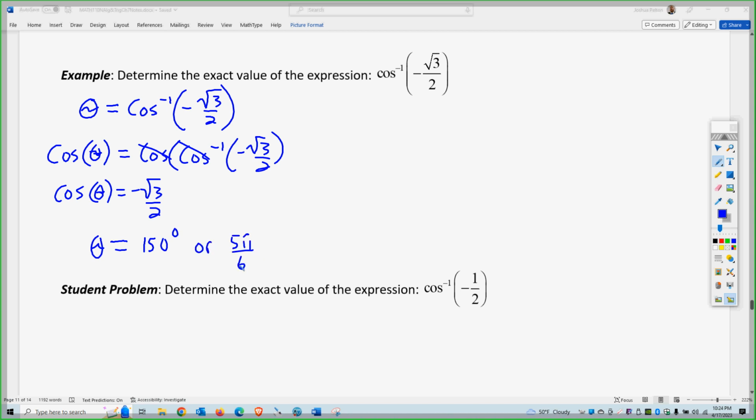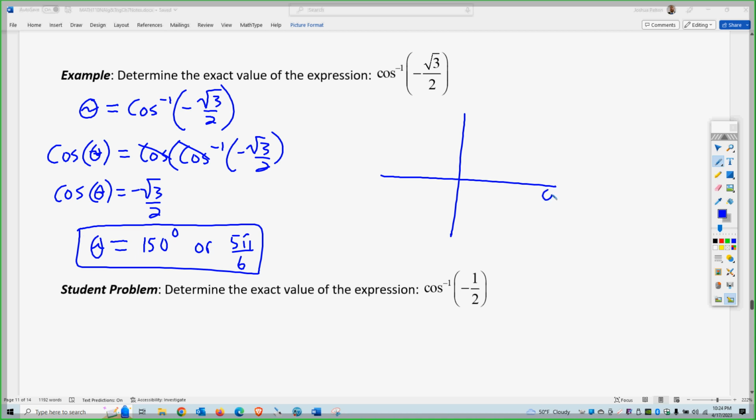And you ask yourself, well, why is that? Well, again, you have to think that when I do inverse cosine, I'm limited to 0 to pi. So I'm going only up here. So this is the positive positive quadrant. This is the negative positive quadrant. So I can do negative cosines, but they have to be over in this quadrant here.